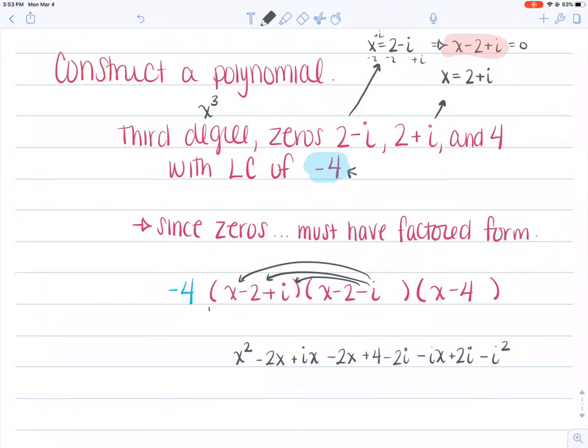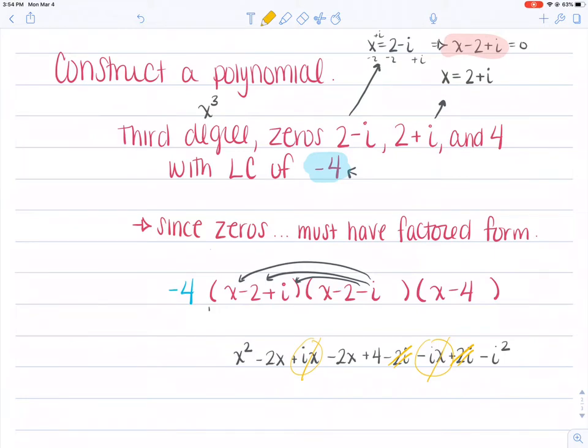Now before I can multiply by the x minus 4, that last term, I want to go through and combine like terms because I'm hoping that some things are going to cancel. And so you'll see the 2i and the negative 2i cancel. The positive ix and the negative ix are going to cancel.